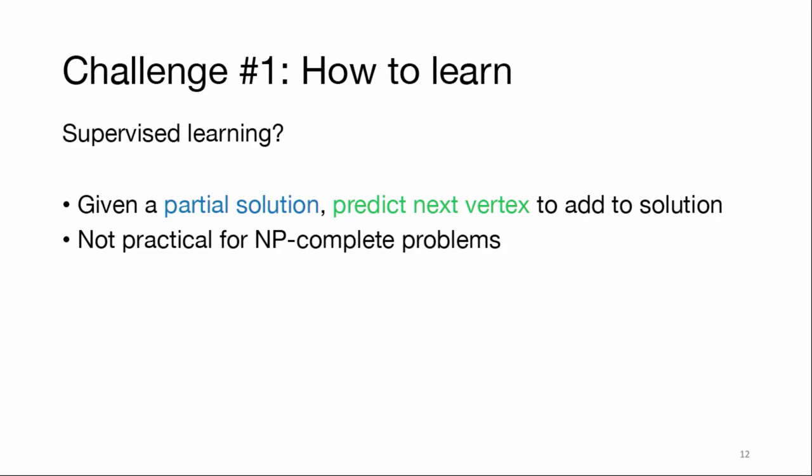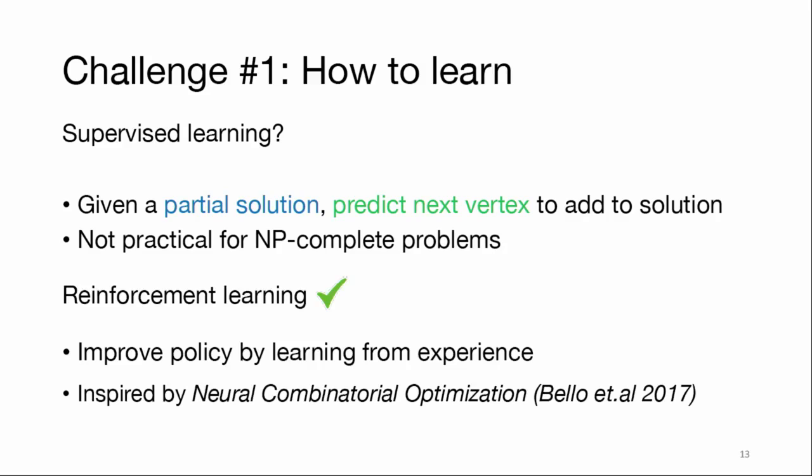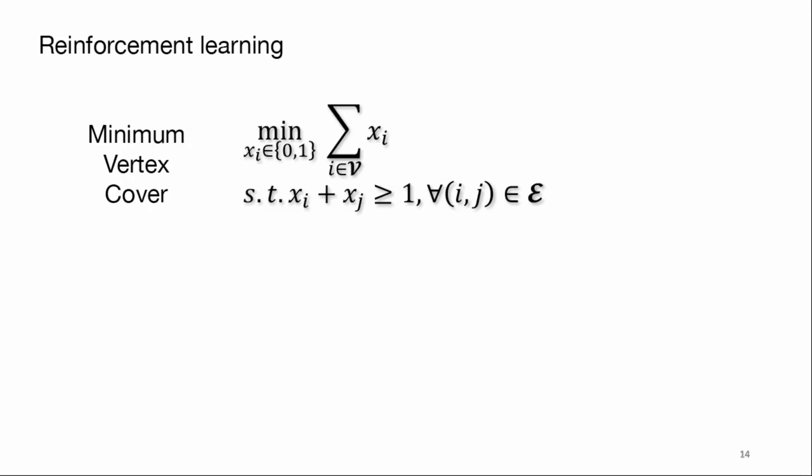The first question is how to learn. Instead of doing supervised learning, where the supervision is typically hard to obtain, we use reinforcement learning to let the agent improve the policy by learning from experiences. This is also inspired by the combinatorial optimization paper. So think about the integer programming formulation of the minimum vertex cover.